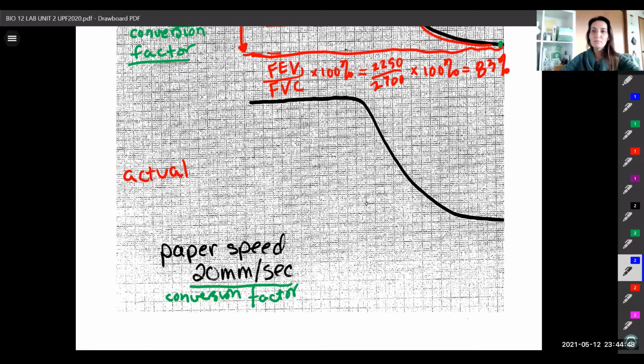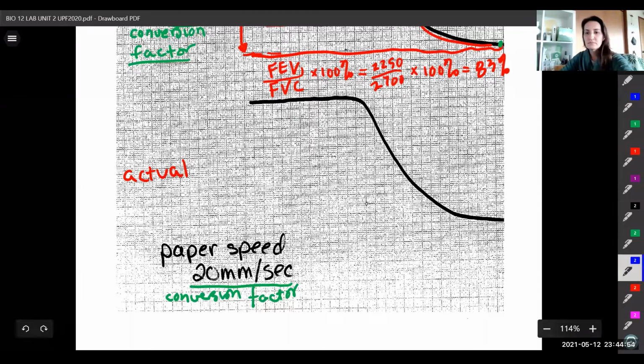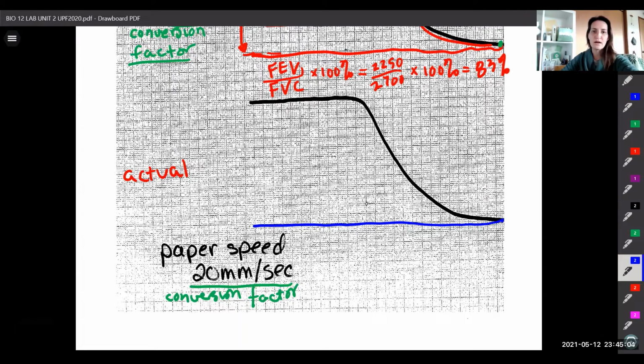All right, so the one below, we're not going to do the calculations together, but we're just going to run through the basic steps here. You find the baseline, where does this line end? That's going to be your baseline for your FVC reading. And so you would calculate the height, FVC, in millimeters, and then you would convert that to milliliters.